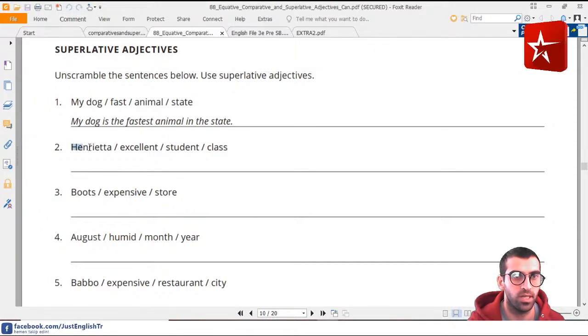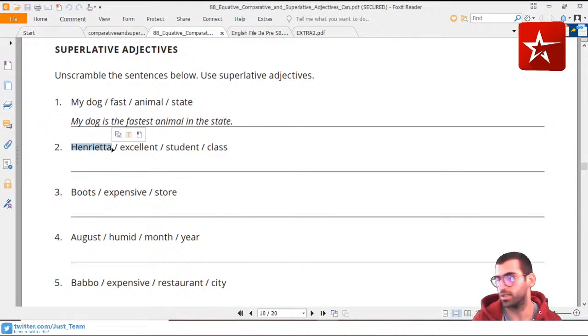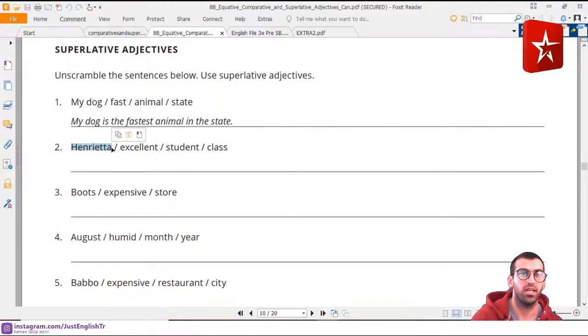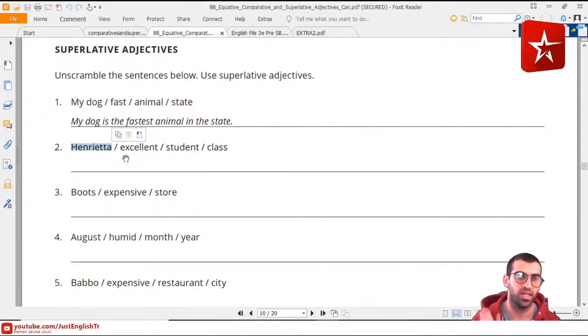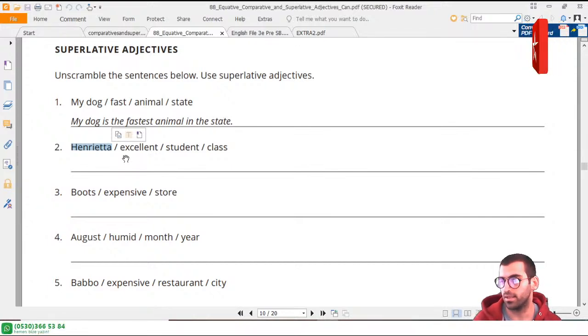So as you see, the subject is here, Henrietta. Okay, Henrietta, and we have to use to be, is, yes, one person. Henrietta is the most excellent student in the class.